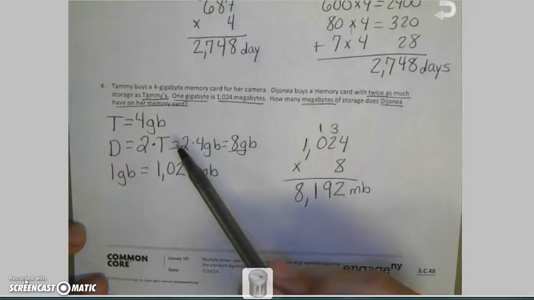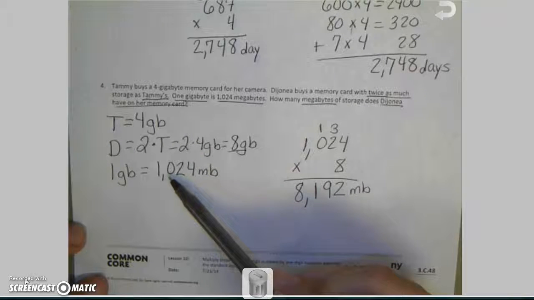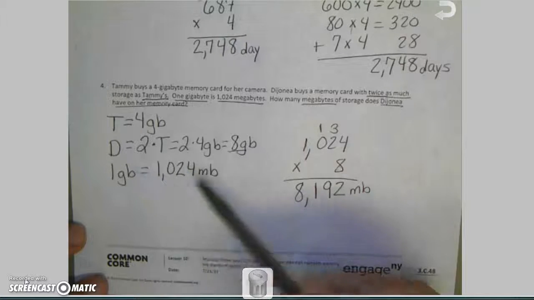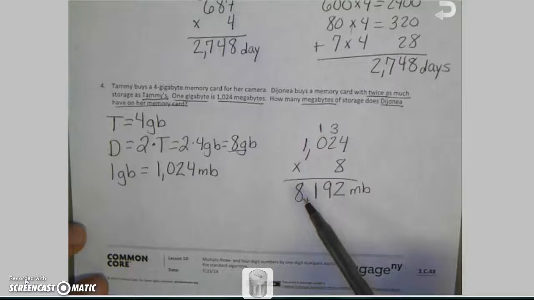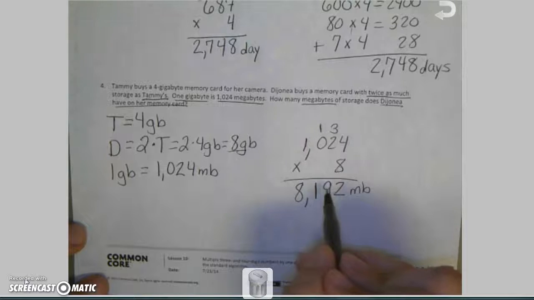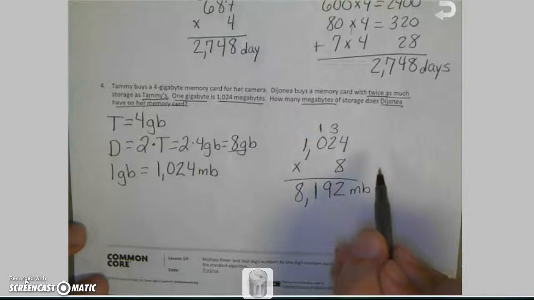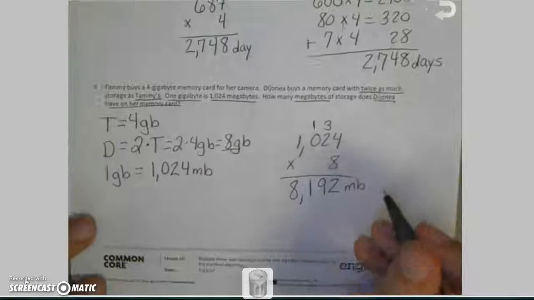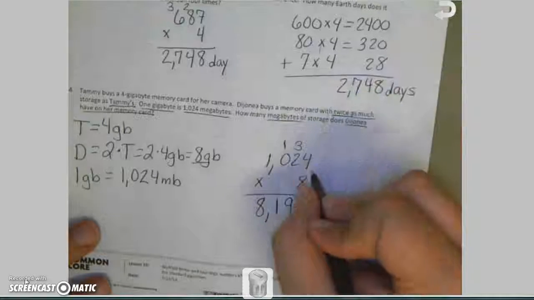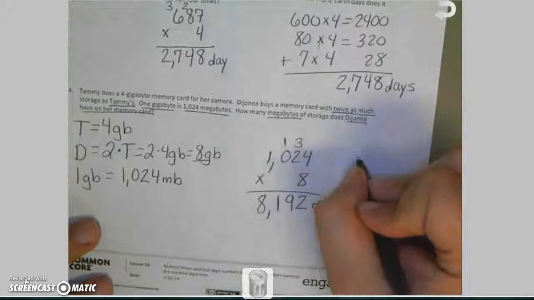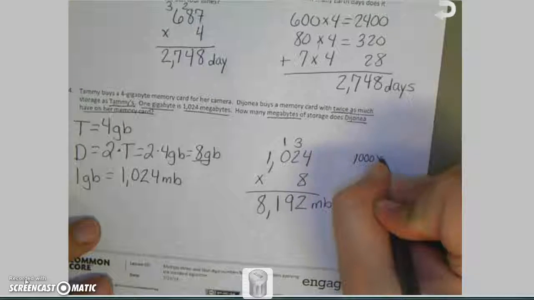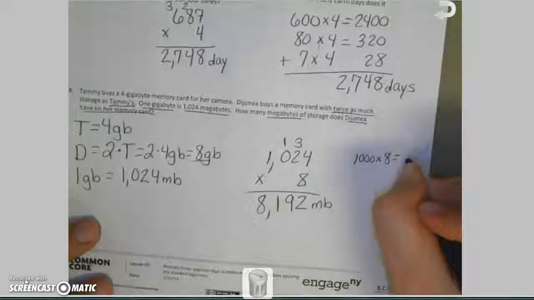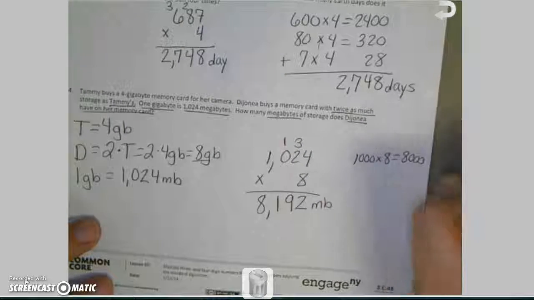And if I estimated, this is really close to 1,000. So if there's 1,000 megabytes in a gigabyte, then this would be 8,000 megabytes. But it's not. So I know my answer is a reasonable answer. But I could always check this using the partial product method like I did before. So break apart 1024, decompose it into 1,000 times 8, which I know is 8,000.